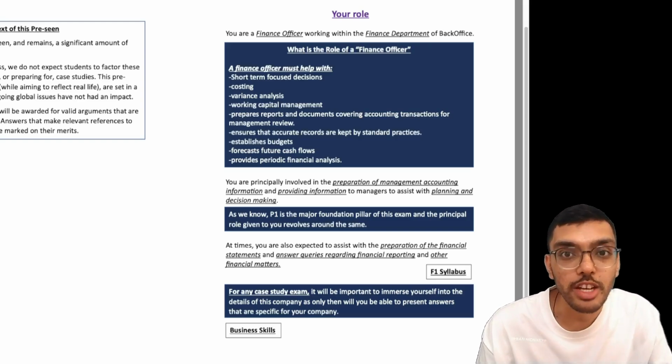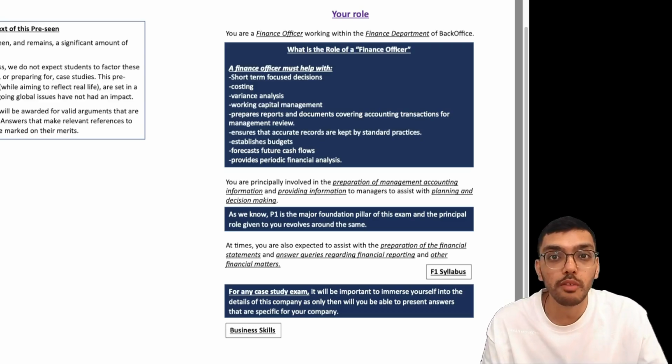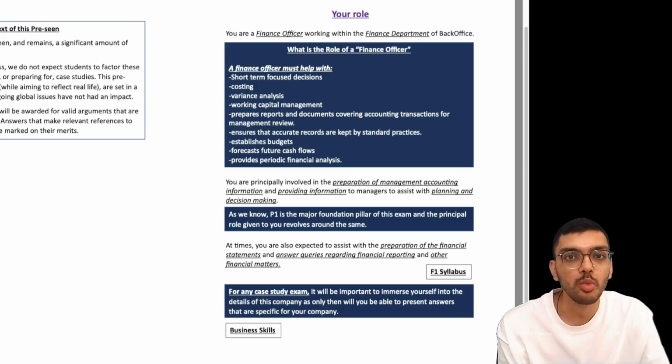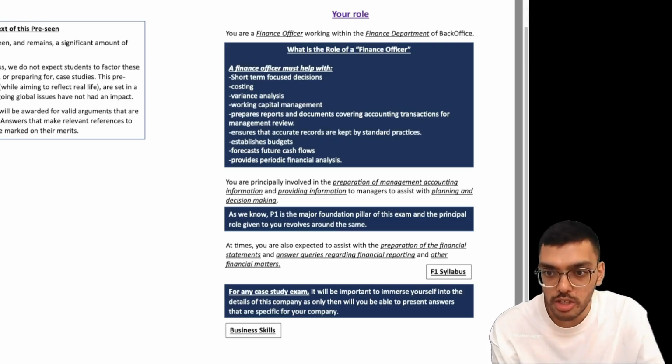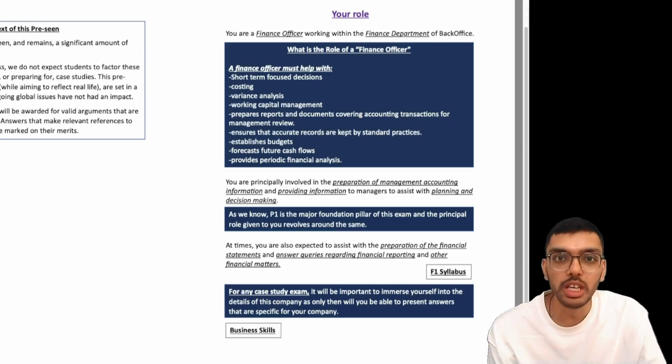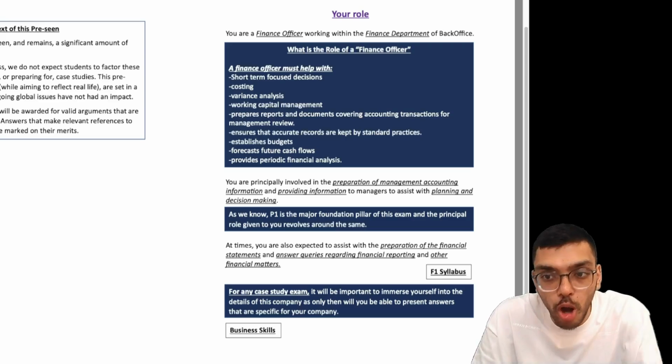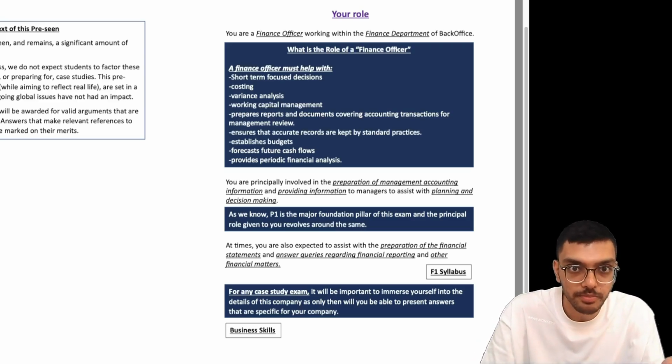So what this eventually means is, to be a good finance officer, you need to have good E1, P1 and F1 knowledge. If you don't have good E1, P1 and F1 knowledge, you can't write a good answer and therefore can't fulfill the job of a finance officer.